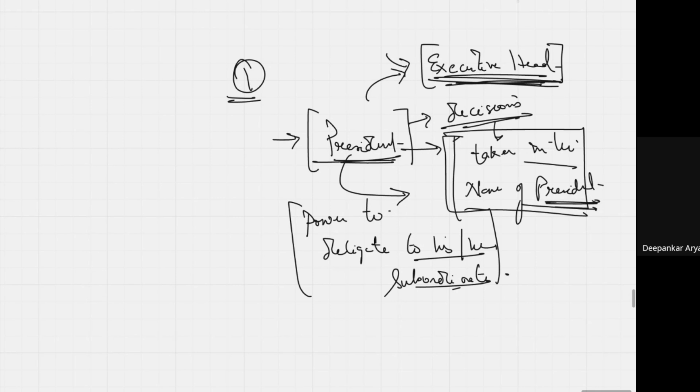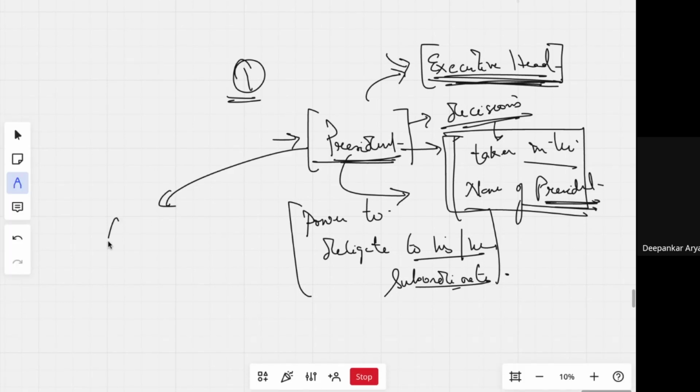Who has the power to delegate, meaning give work to your juniors to do? The Prime Minister. The governor. So apart from the president, the governor has the power to delegate. So all the state PCS officers take decisions in the name of the governor. Okay.